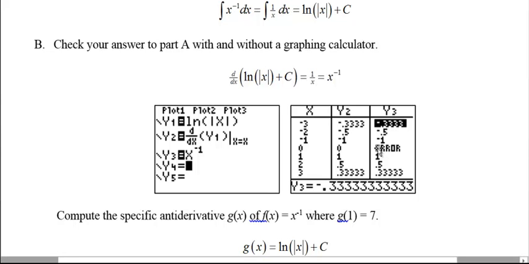We do get an error message here and 0 here. Actually, the error message is correct. Both the original 1 over x and the ln of absolute value of x are undefined at 0, so the correct answer really is y3. Symmetric difference quotient gives us a value of 0, which is actually not correct, but otherwise they do agree.